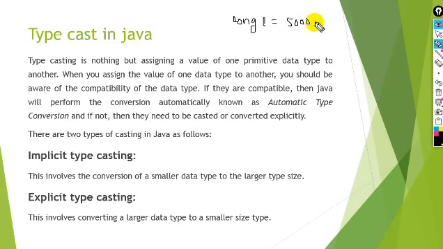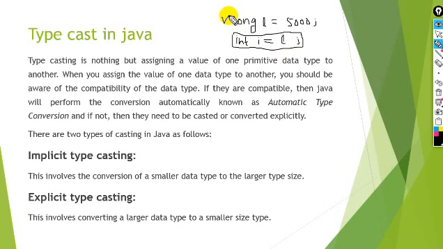Any value you can give, no problem, but it must be in the range of long. Then I am taking an integer variable, int i, which will hold the integer value, and I am assigning the value L to it. Now this is the small size data type, and this is the large size data type.